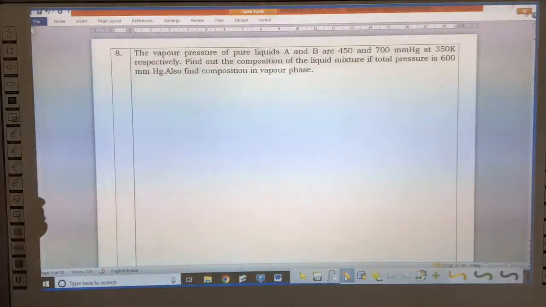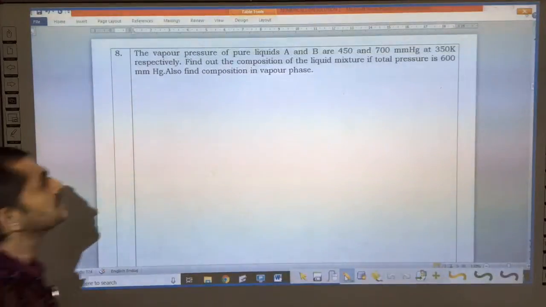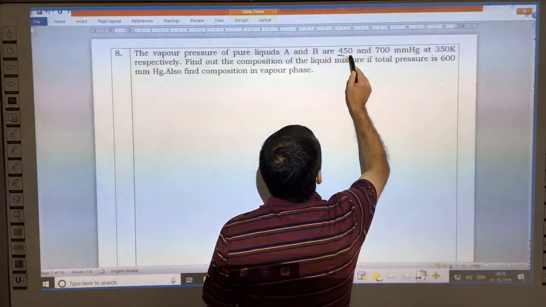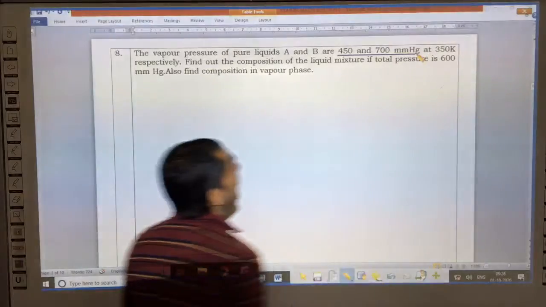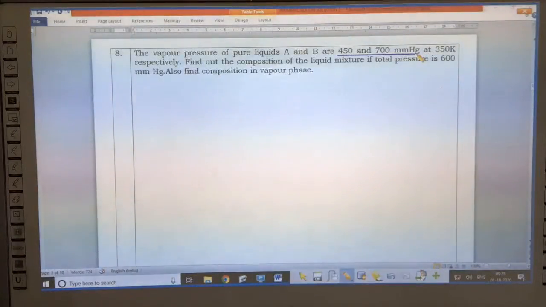The vapor pressures of pure liquid A and B are given as 450 and 700 mmHg at 350 Kelvin respectively. Find out the composition of the liquid mixture if pressure is 600 mmHg. Also find composition in vapor phase. Clear? You see the question.